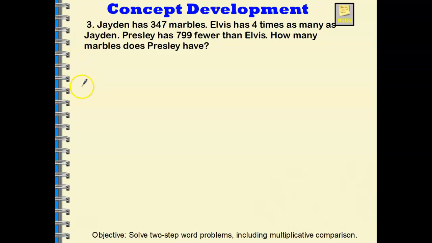All right, remember, guys, we've talked about fourth grade word problems, and I've told you that in fourth grade, it is a very rare occurrence that you will have a word problem that does not have at least 2 steps to it. So anytime you come across a word problem and you only add, or only multiply, or only subtract, or only divide, I want you to stop and ask yourself, is there another step I need to do to solve this problem?